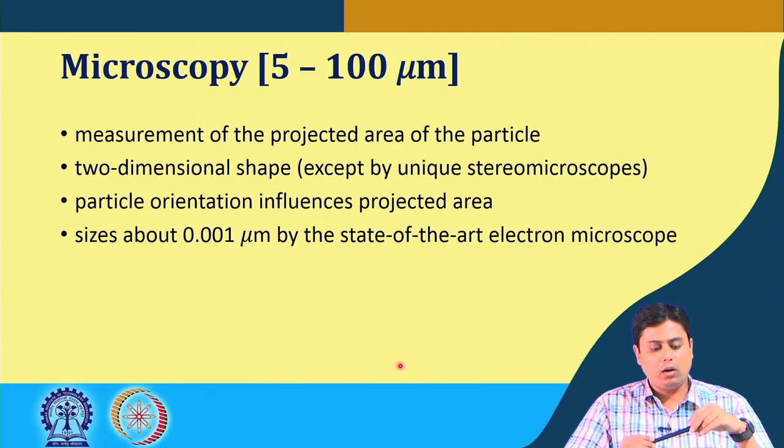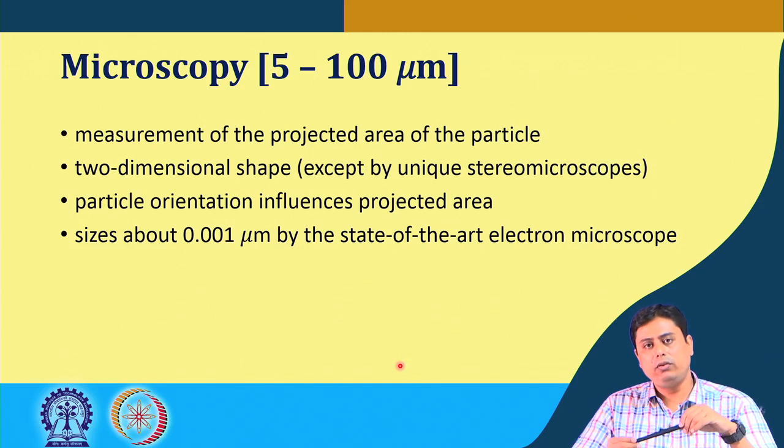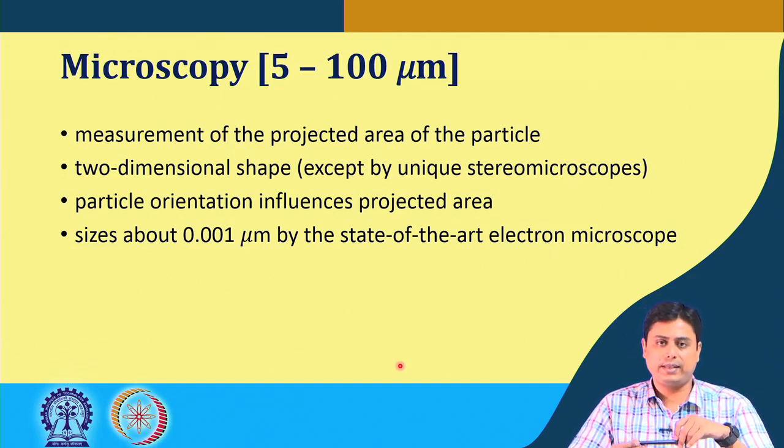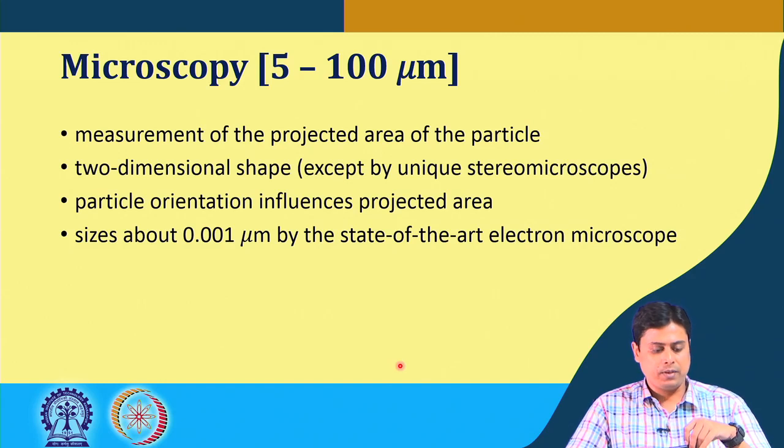So, particle orientation influences this measurement process, like sieving also. Sometimes you can do it in a random orientation to get an average diameter of a single irregular particle.